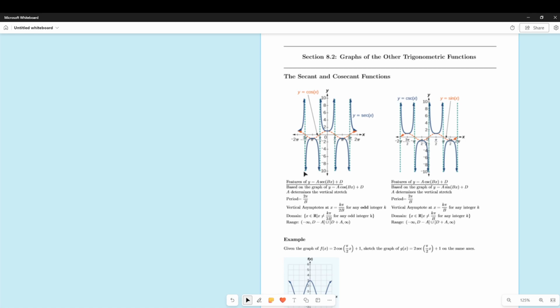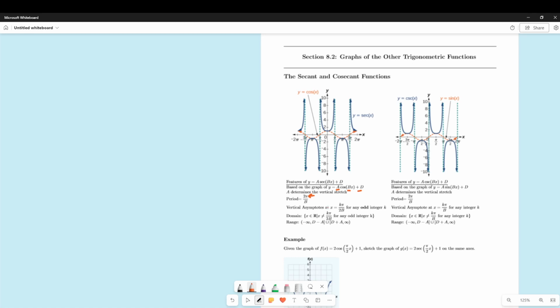But all of our logic is really the same. We still have an amplitude and a midline and a compression value. The period is still the standard period for sine and cosine, divided by that compression factor.